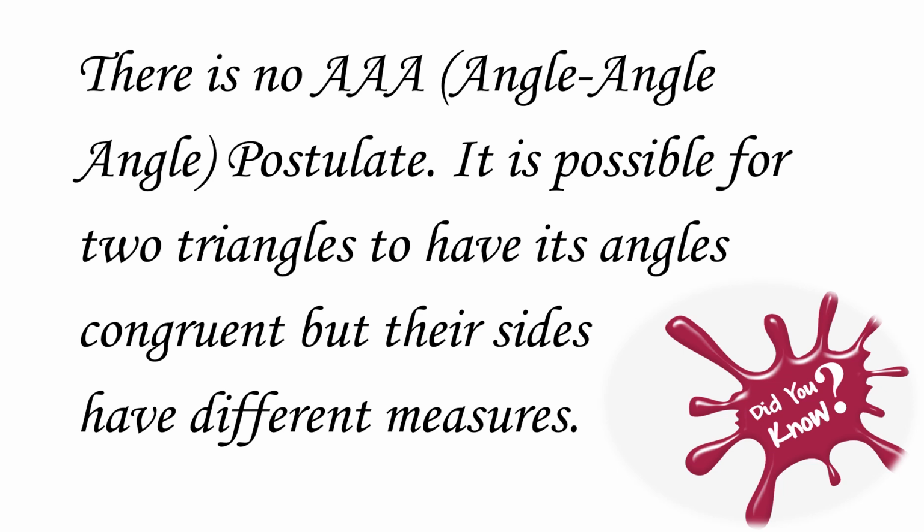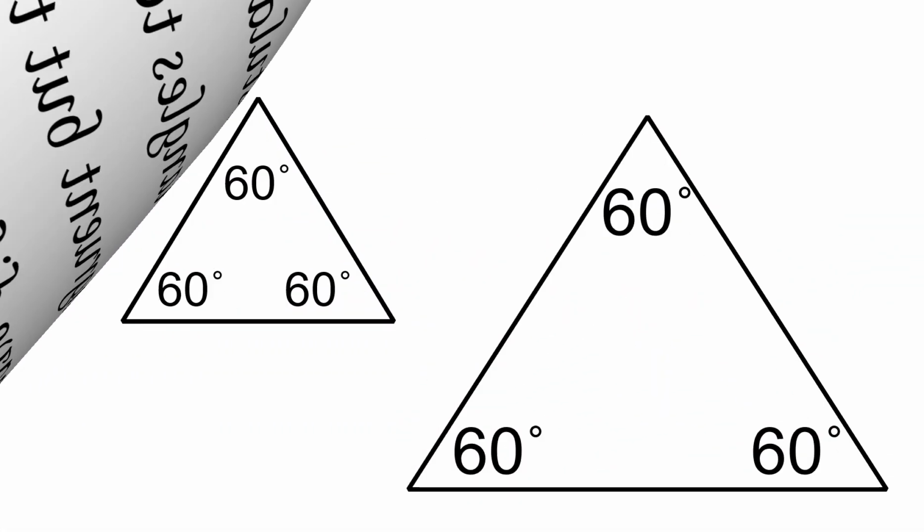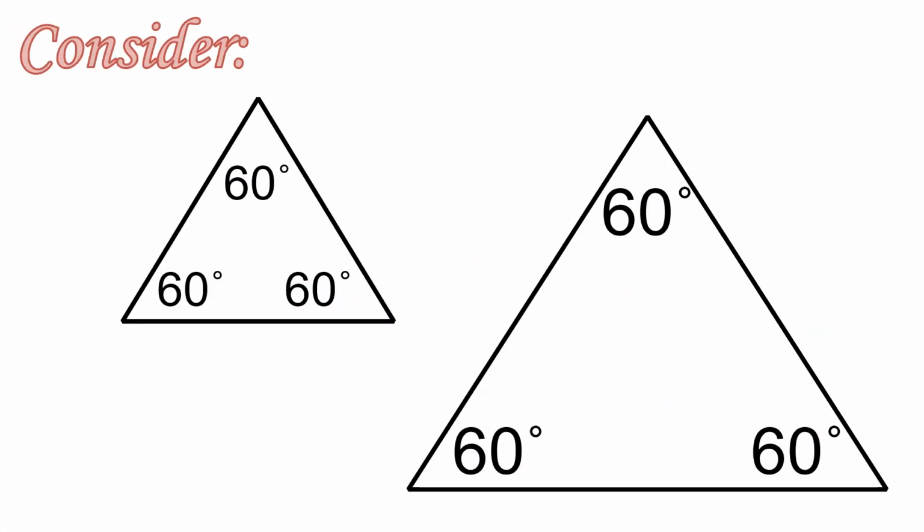Look at my example here. If you're going to consider the two triangles, you will be able to see that the two triangles have exactly the same measure of interior angles, which is 60 degrees.